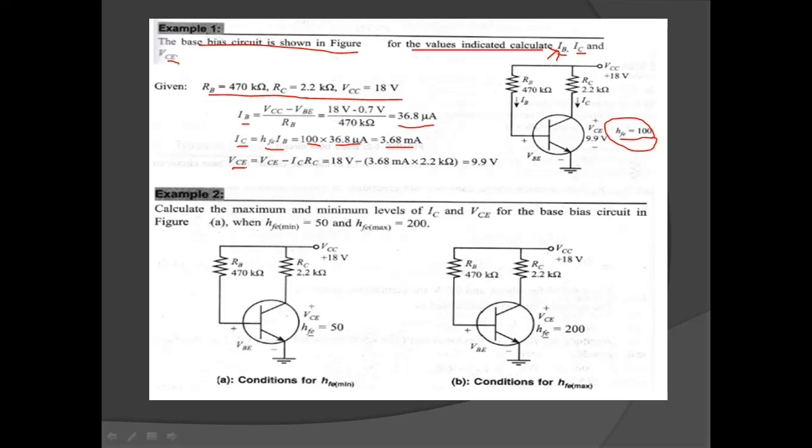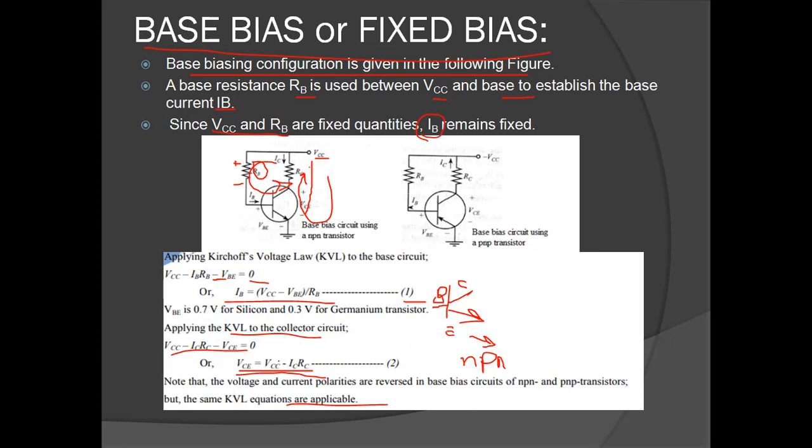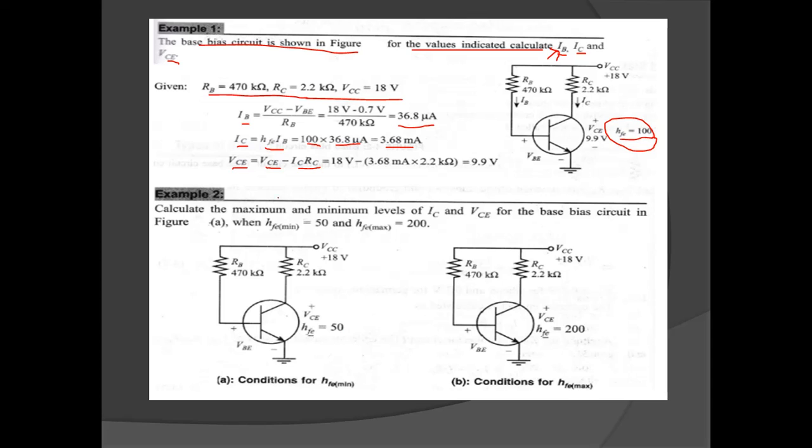VCE is VCC minus IC RC, that is 18 volt minus 3.6 milliampere into 2.2 kilo ohm, which is equal to 9.9 volts. So the output voltage, VCE, is equal to 9.9 volt.